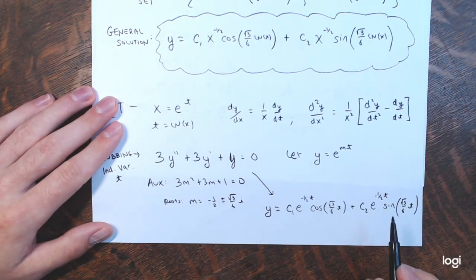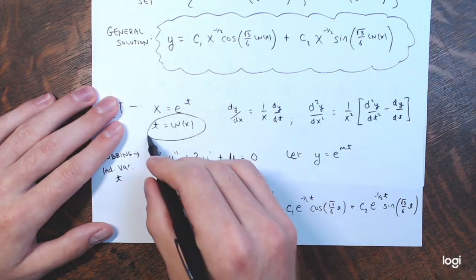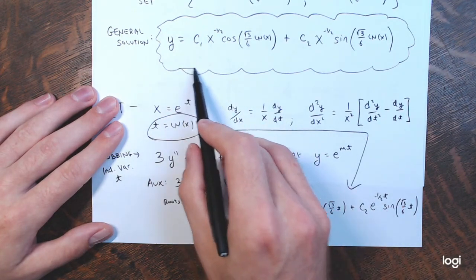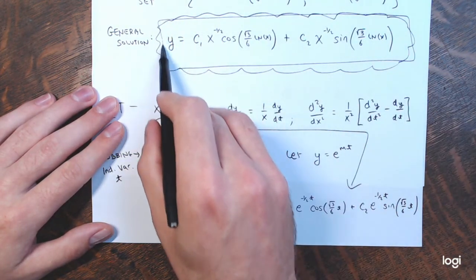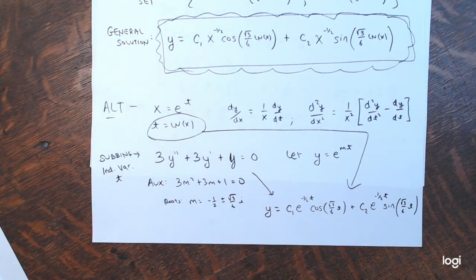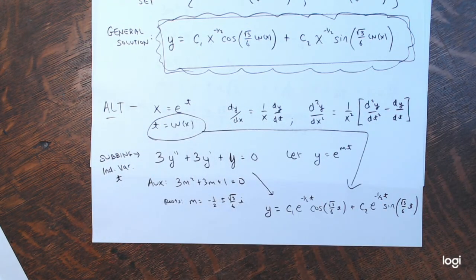And then if you just let t, remember that t is equal to the natural log of x, put that into this, you're going to get my solution from earlier back after simplifying. It's exactly the same thing, replacing t with the natural log of x and then rewriting stuff. Okay? So again, if you know what you're doing, that alternate method could be pretty quick.